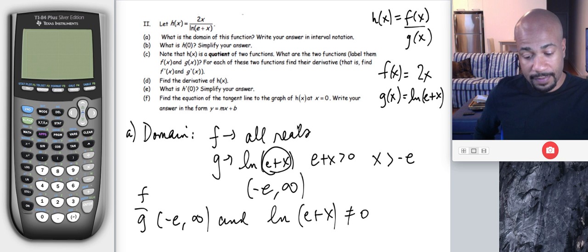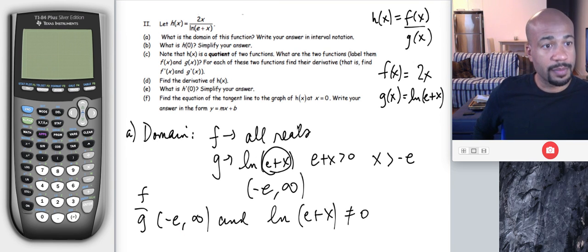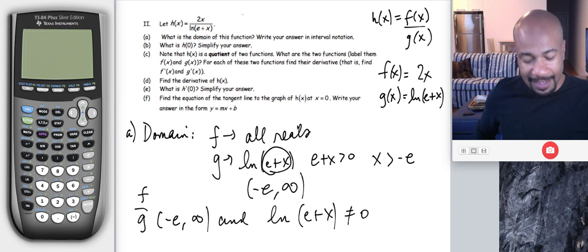I have to take care of this because this may also restrict my set again. It may interfere with this. Well, we'll find out. Maybe it does, maybe it doesn't. But it will. All right, so I have to solve this problem right here in a way that tells me a value of x that would give me 0 if I threw it in the natural log function.